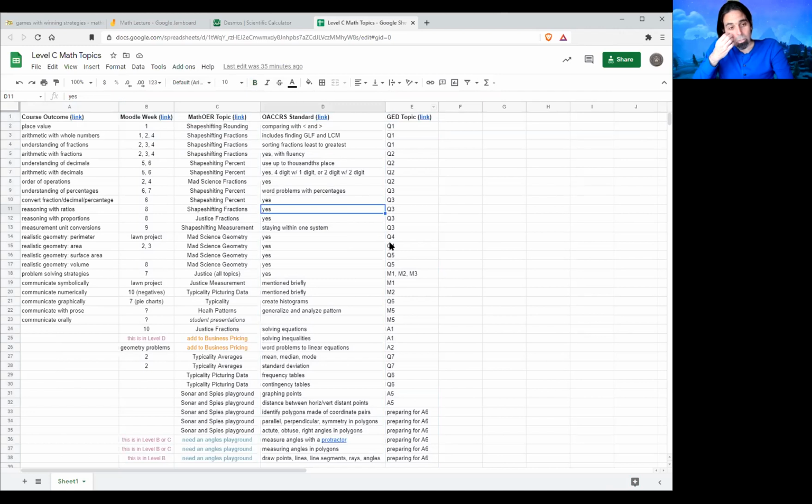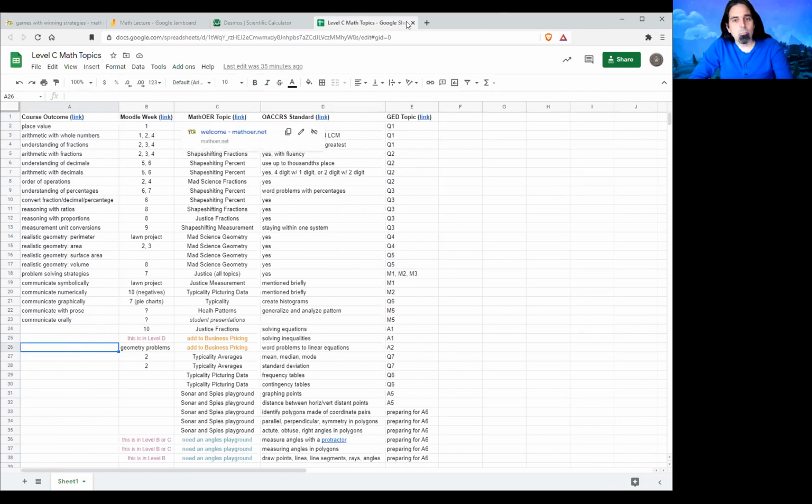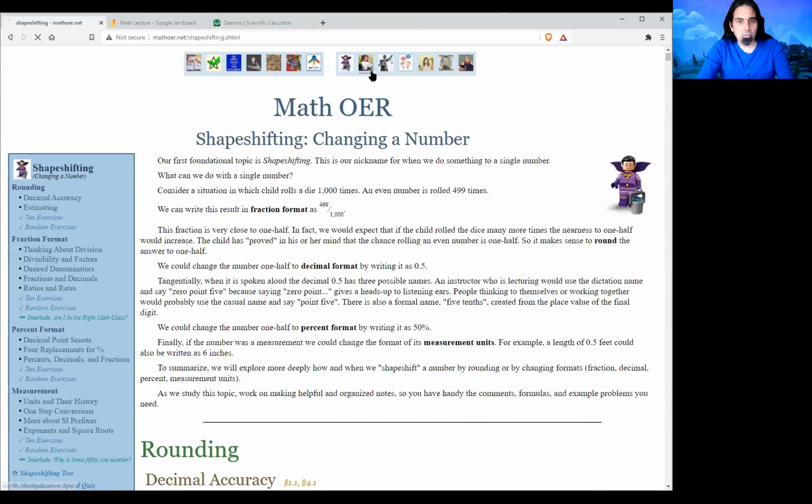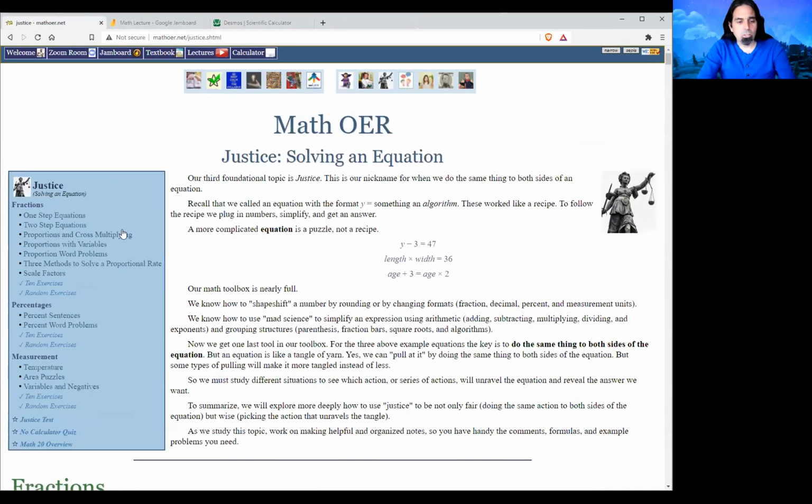So you don't have to look at this, but if it helps you figure out, "I want a little more of this, this is the thing I am shaky about, and I would feel better if we had more before the term is done," then that's one thing you can do. You could also, of course, just look at the table of contents for any of our 3 main topics, the shape-shifting, the mad science, or the justice, and say, "that was one I want more of."